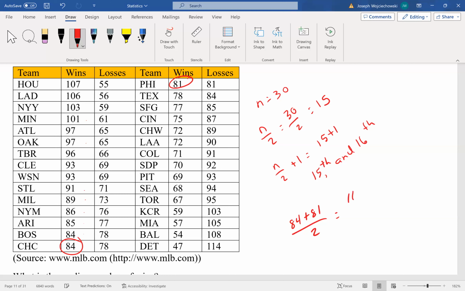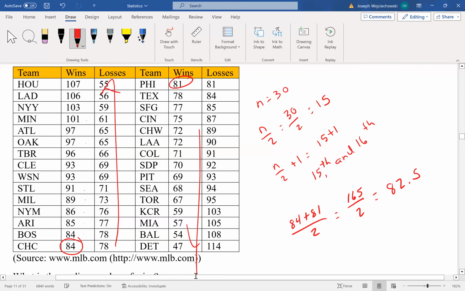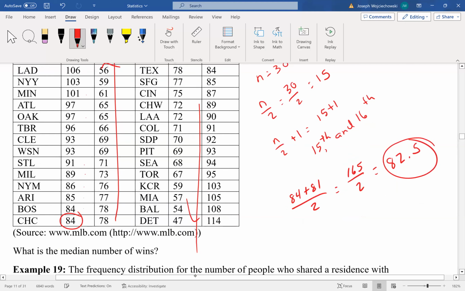That's 165 divided by 2, which gives me 82.5, which is halfway between 81 and 84. So this half is greater than, and this half is less than, 15 on each side of this number. That is the median.